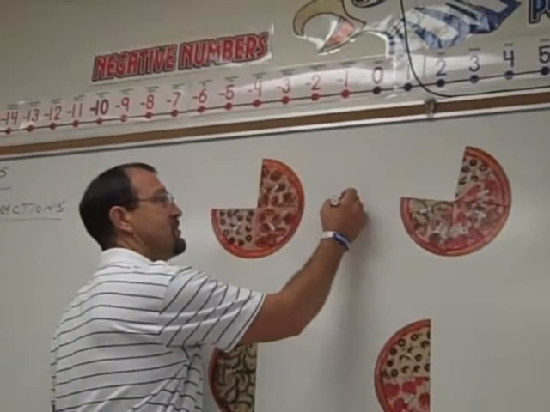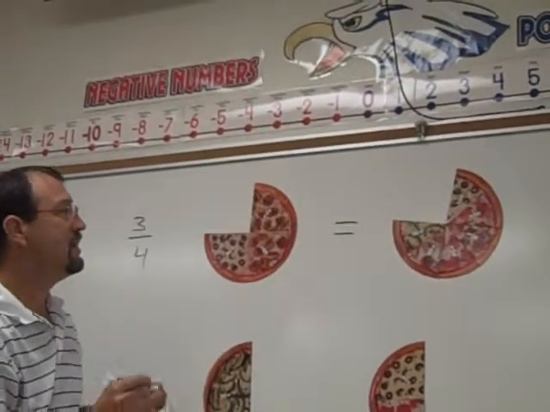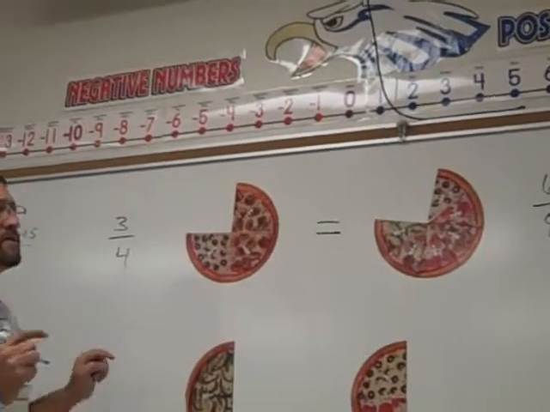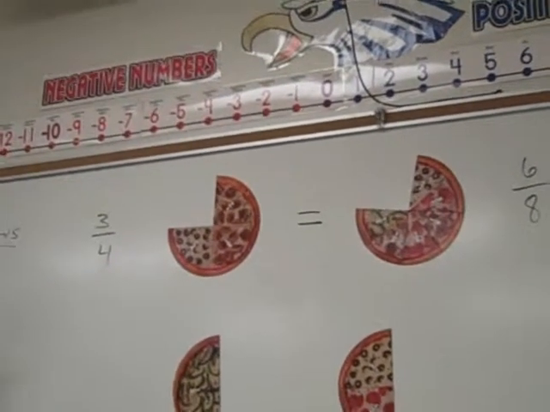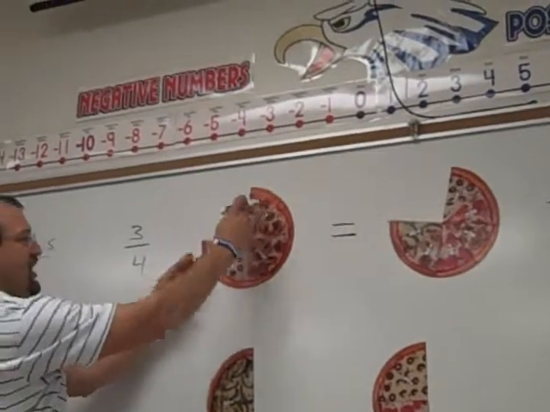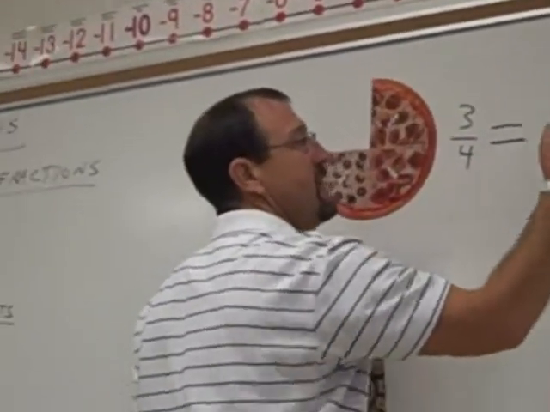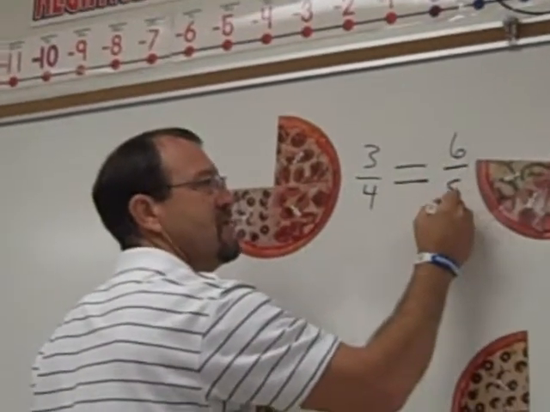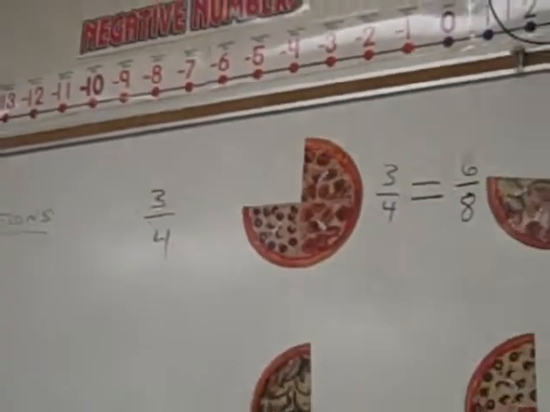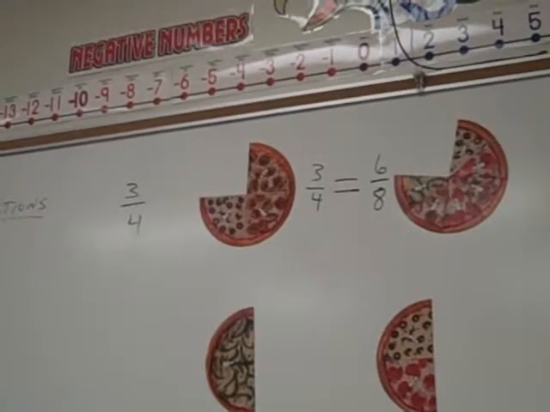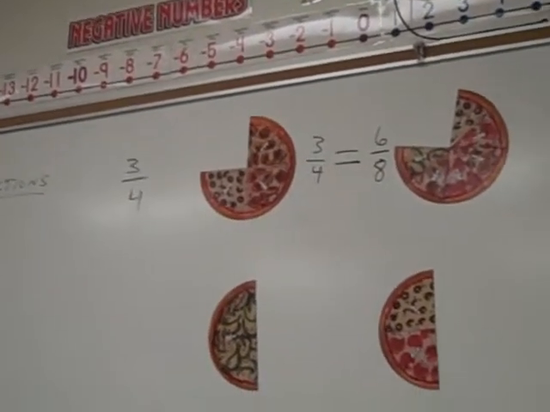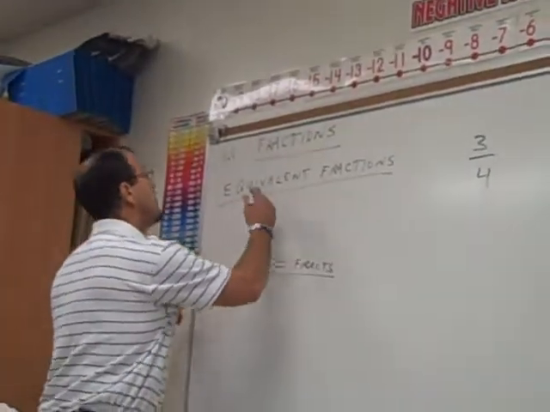And if something's the same size, we say it is equal. So, I'm then going to assume, since this pizza is 3/4, this pizza is 6/8, then they have to be equal to each other, even though they look different. And that's what we wrote up here yesterday.